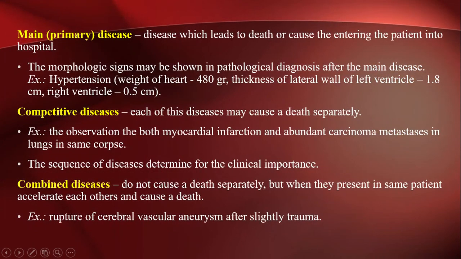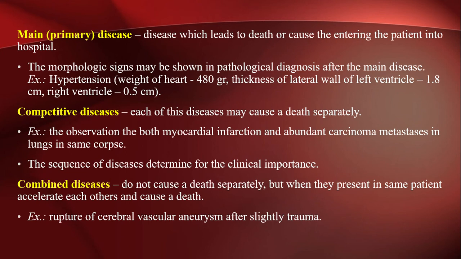Let us discuss some kinds of disease that are specifically classified. What makes the main, primary disease? It is the disease which leads to death or causes the patient's entry into hospital. The morphologic signs may be shown in the pathological diagnosis after the main disease. For example, hypertension.